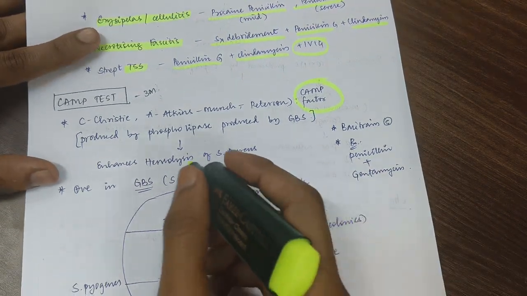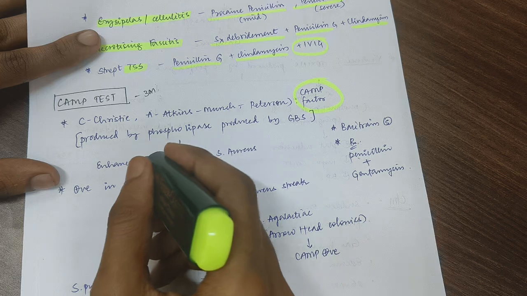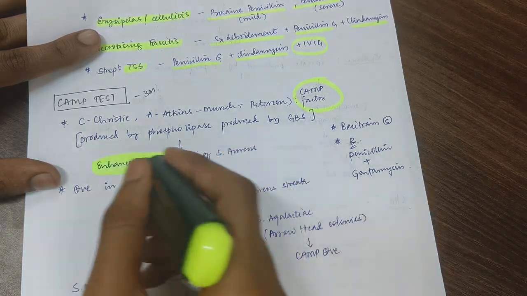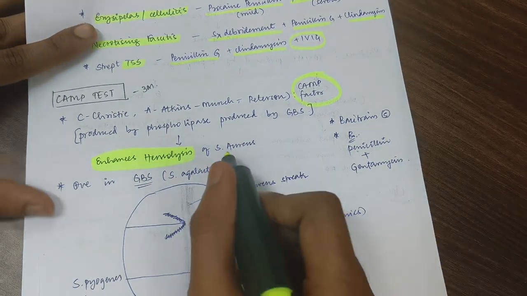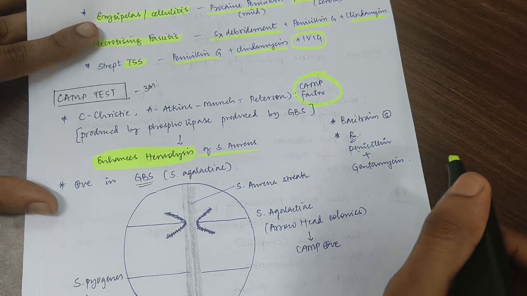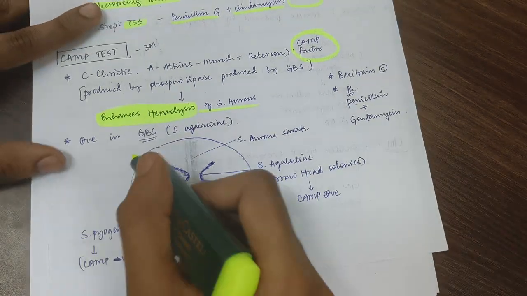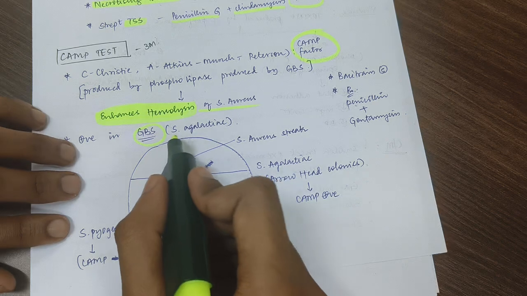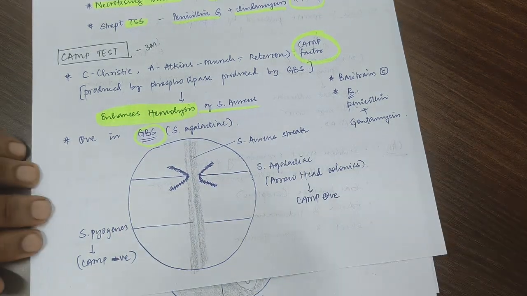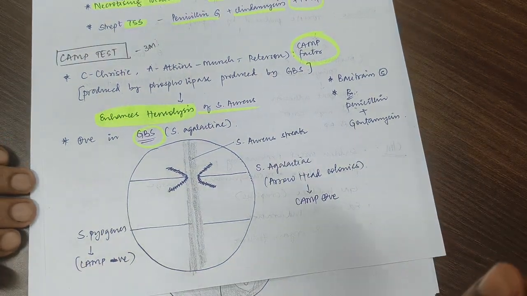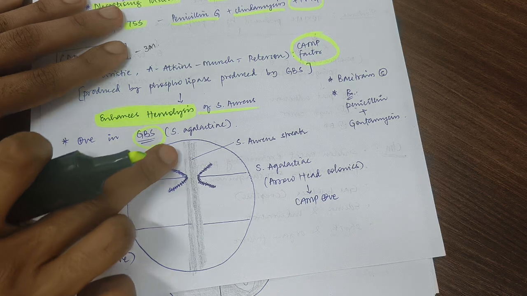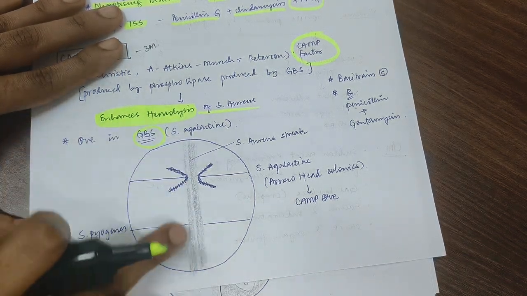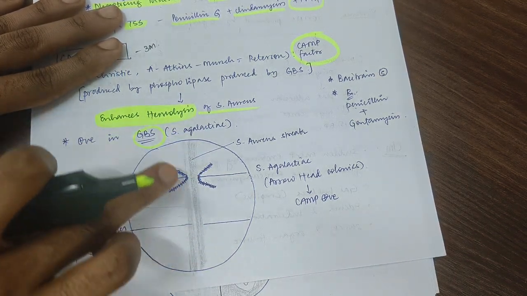So what they do, this particular CAMP factor is going to enhance the hemolysis of Staph aureus. It is produced by group B streptococcus, that is Streptococcus agalactiae. So what you are going to do in this CAMP test is, first you are going to streak the Staph aureus in a parallel manner. You are going to streak here.